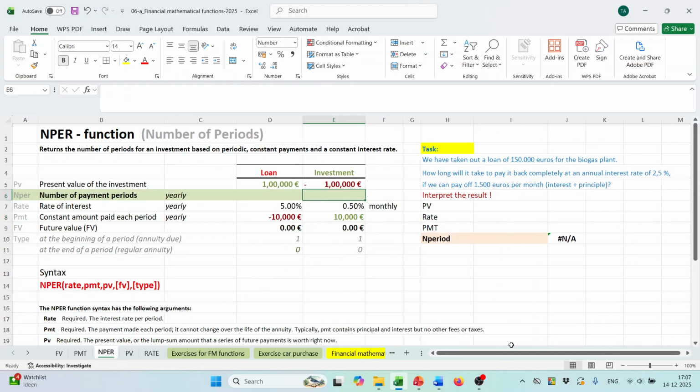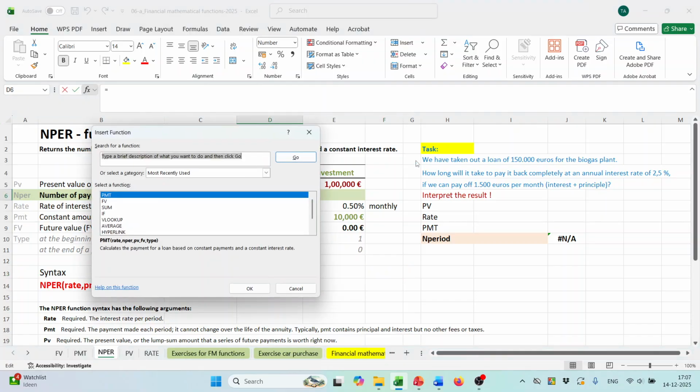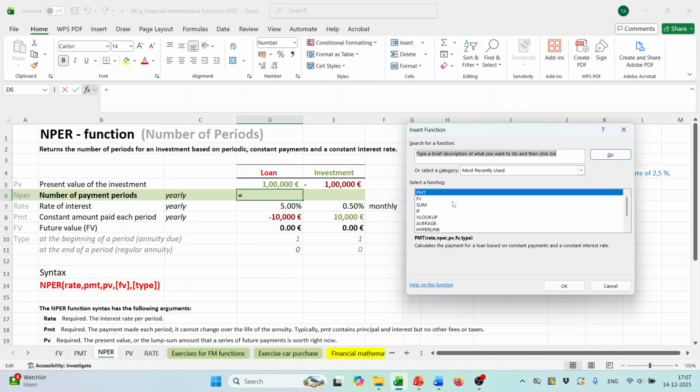Then NPER. This is also the same, but we just need to calculate the period in years.